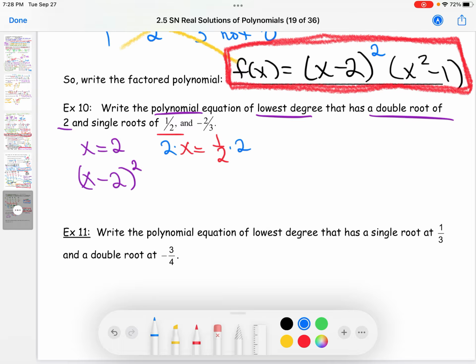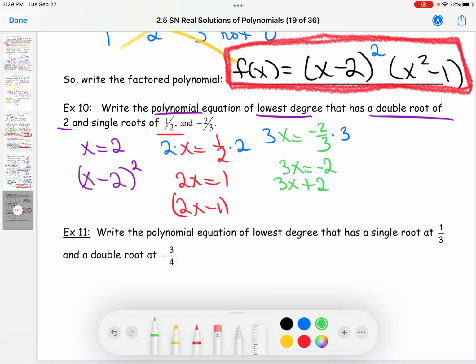Well, x equals 1/2. So we multiply both sides by 2. So 2x equals 1. So 2x minus 1 is the factor. And then x equals negative 2/3. Multiply both sides by 3 to clear that fraction. 3x will equal negative 2. Add the 2. 3x plus 2 is what's equal to 0.